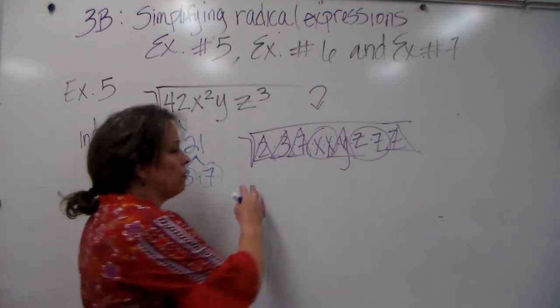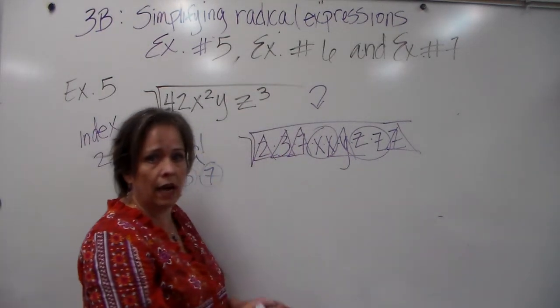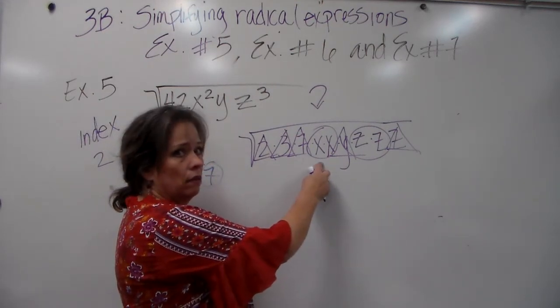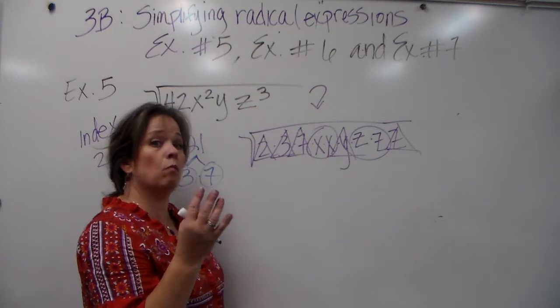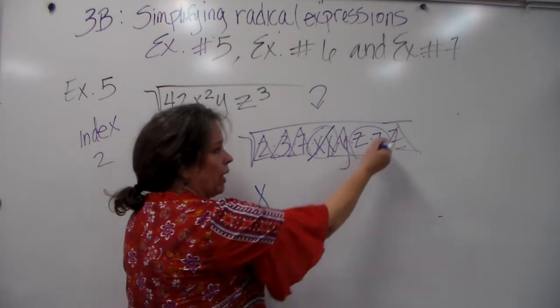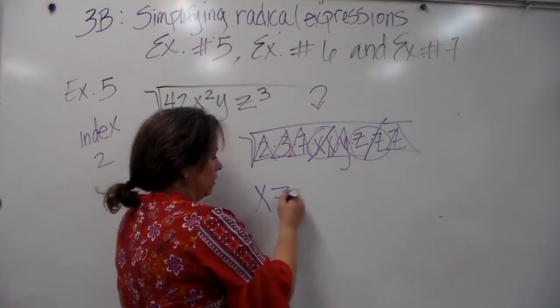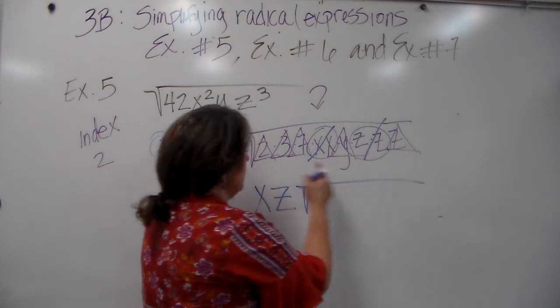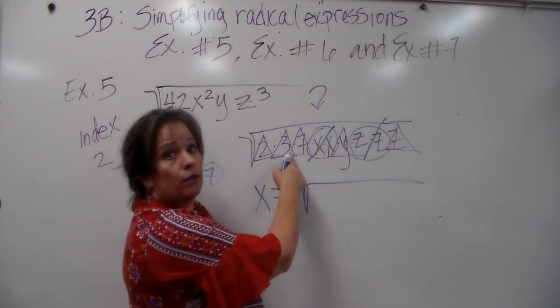So let's see what it looks like. Remember, everything multiplies on the inside. When they bust out, there's 2 on the inside, 1 on the outside, and everything's multiplying. So we'll have an x on the outside multiplying a z. Okay, this is multiply, right? And then on the inside, we'll have that 2 times 3 times 7.